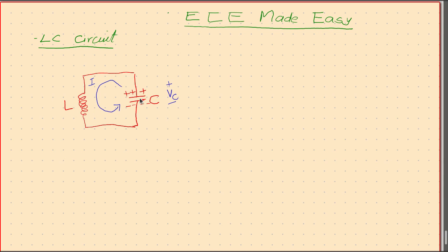Therefore, this plate is positively charged because of deficient electrons, and this plate is negatively charged because of excess electrons in comparison with protons. So here the number of protons is in excess, here the number of electrons is in excess compared to the other element, and hence there is an imbalance, because of which there is an electric potential, and this is the one which initiates all the actions to be discussed now.